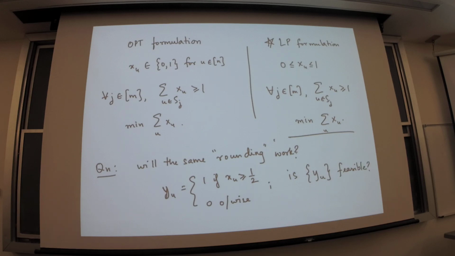Is this yu feasible? Yeah? I mean, it can't be, because if you have let's say 3 nodes who have a value of 0.4 or something like that, their sum would be greater than 1, but if you round down, then we're not going to.